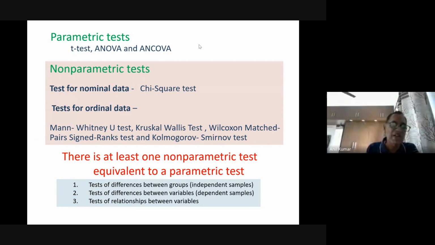When our data is ordinal, the Mann-Whitney U test, Kruskal-Wallis test, Wilcoxon matched pairs signed-rank test, KS test, all these tests are used when your data is in ordinal form.